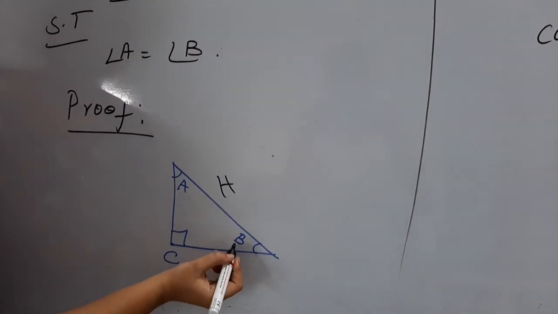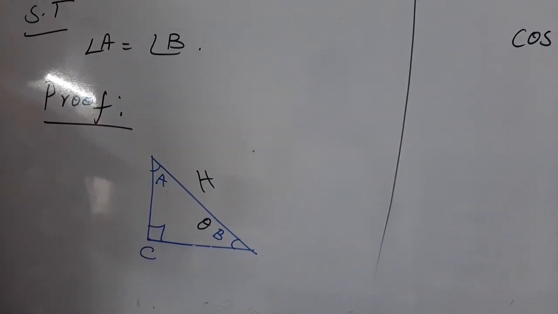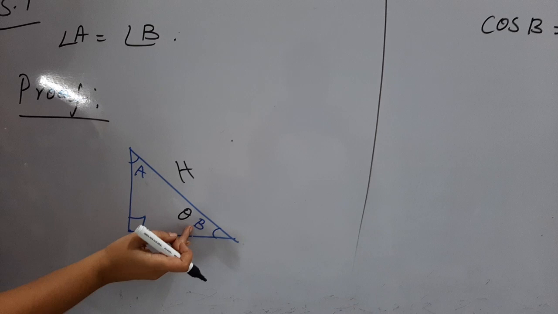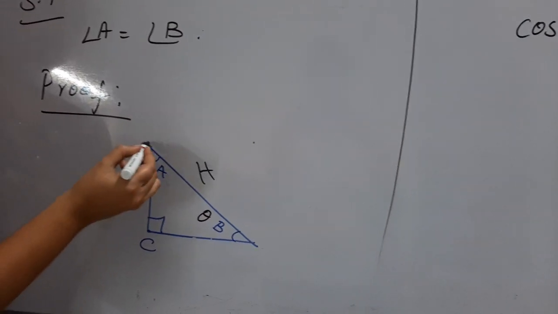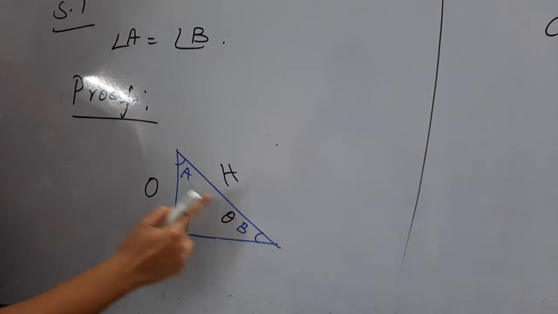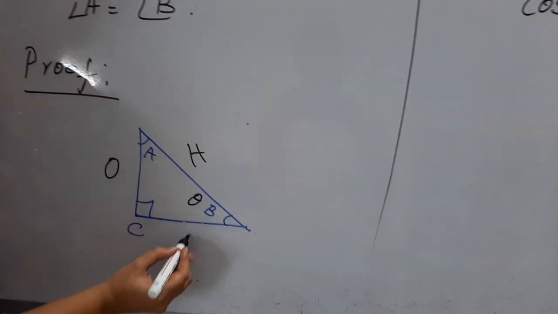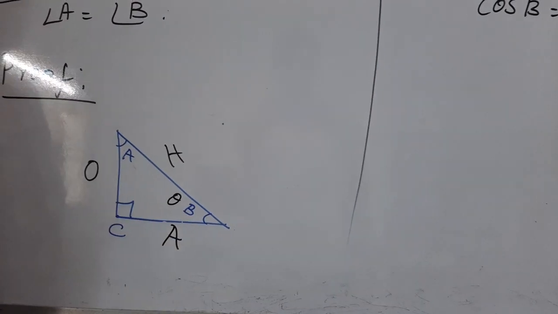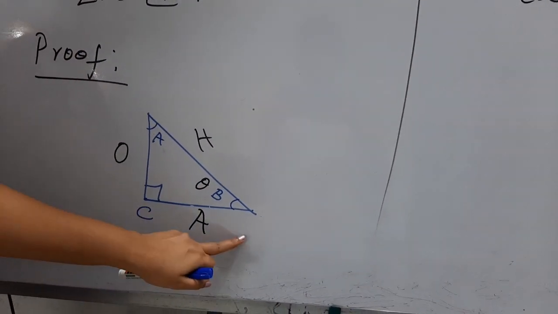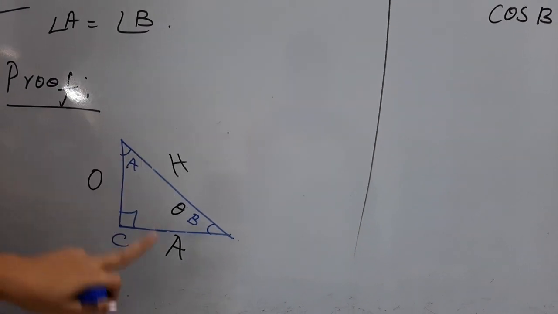When I am taking B as my theta, now I am going to select angle B as my theta for cos B. If B is theta, what is the opposite side? AC is the opposite side opposite to this particular angle. So AC is the opposite side. And for theta, what is the adjacent side? BC is the adjacent side. And hypotenuse will remain same for both the angles.